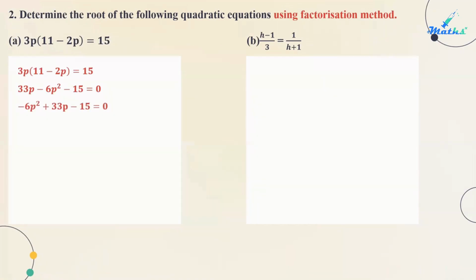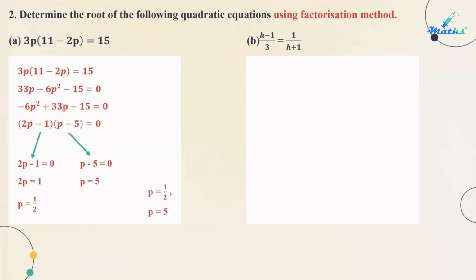Rearrange it: negative 6p squared plus 33p minus 15 equal to 0. And then use a calculator to calculate, it will become 2p minus 1 equal to 0, 2p equal to 1, and p will equal 1 over 2. Another one is p minus 5 equal to 0, p will equal 5. So the answer for p is 1 over 2 and 5.